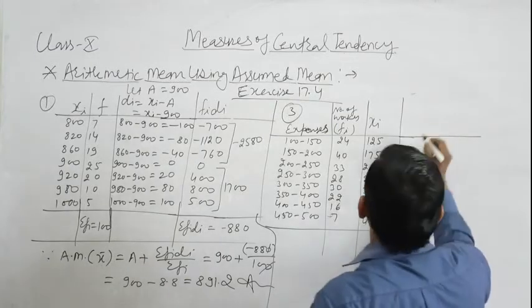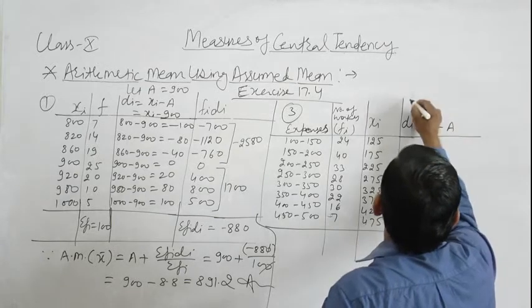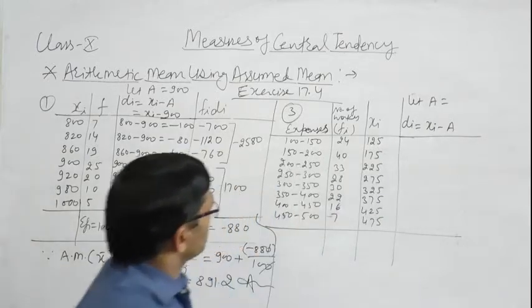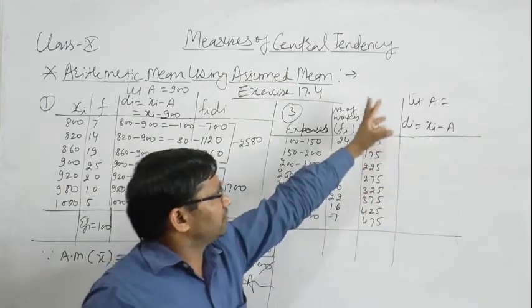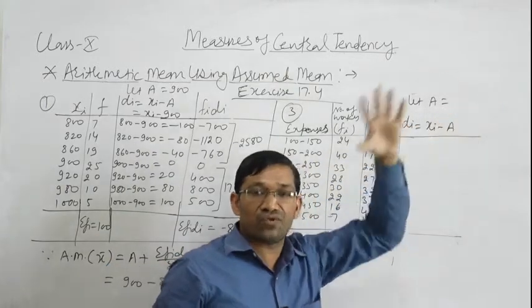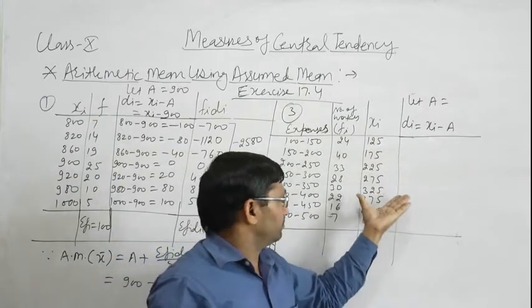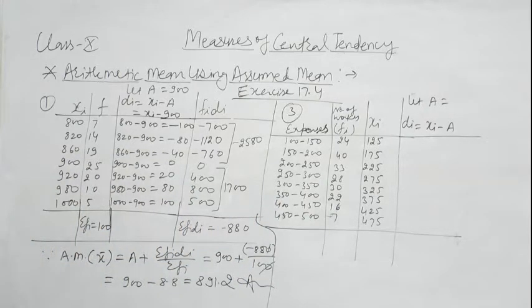column is di. Di is equal to xi minus a. So let a be equal to... we can take any value of xi as the assumed mean, but for easy calculation we take the middle term. Here a total of 8 values of xi are given.